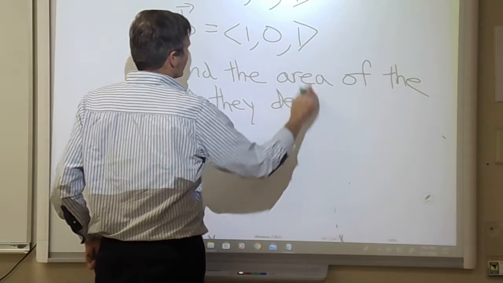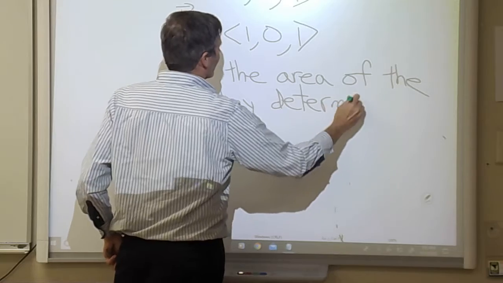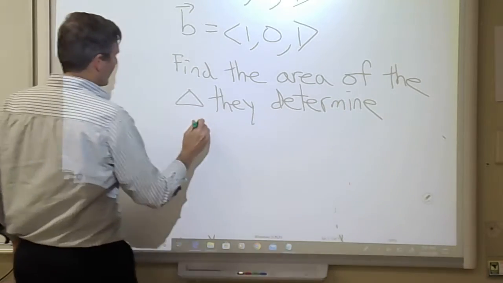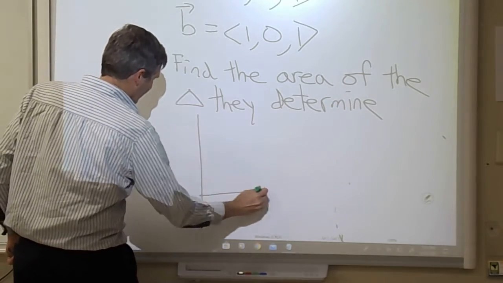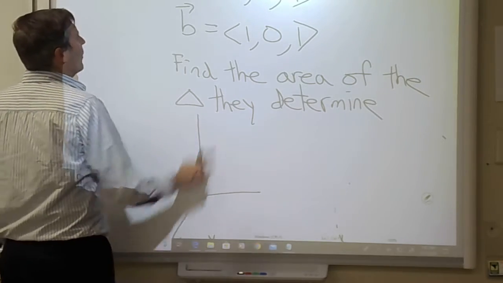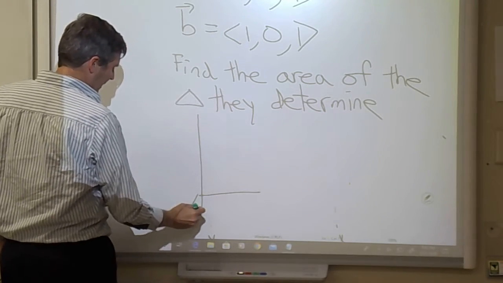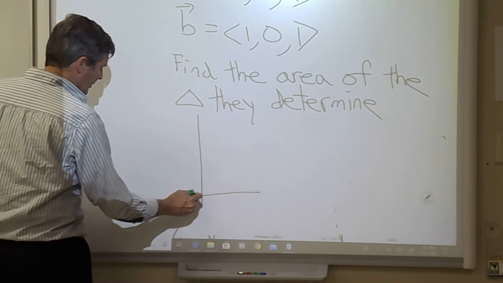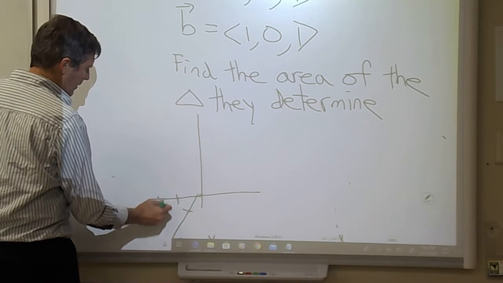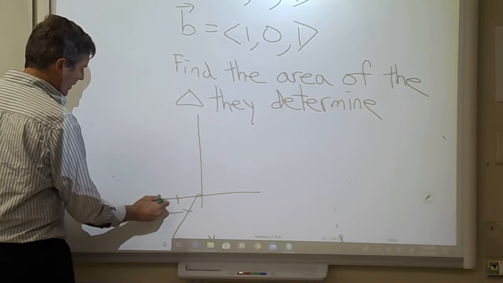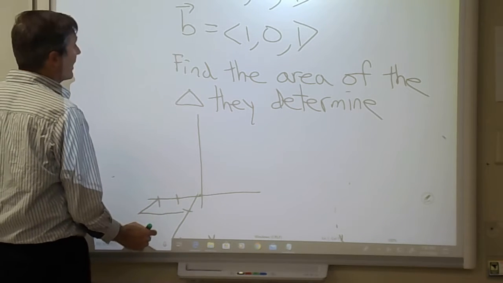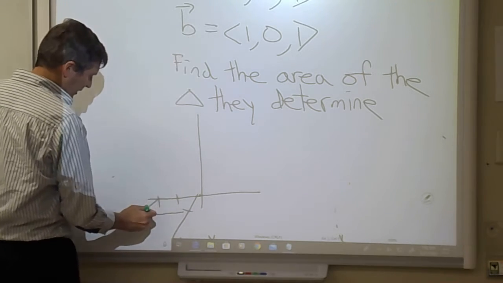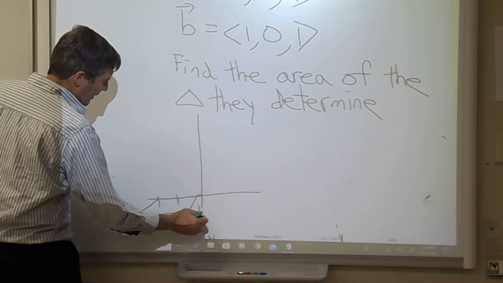Just for fun, we can draw it, right? We can come over here. 1, 2, minus 1. So we go 1 in the x direction, minus 2 in the y direction. And we can draw this kind of a parallelogram in the xy plane. And minus 1 in the z direction. So we go down 1 also.